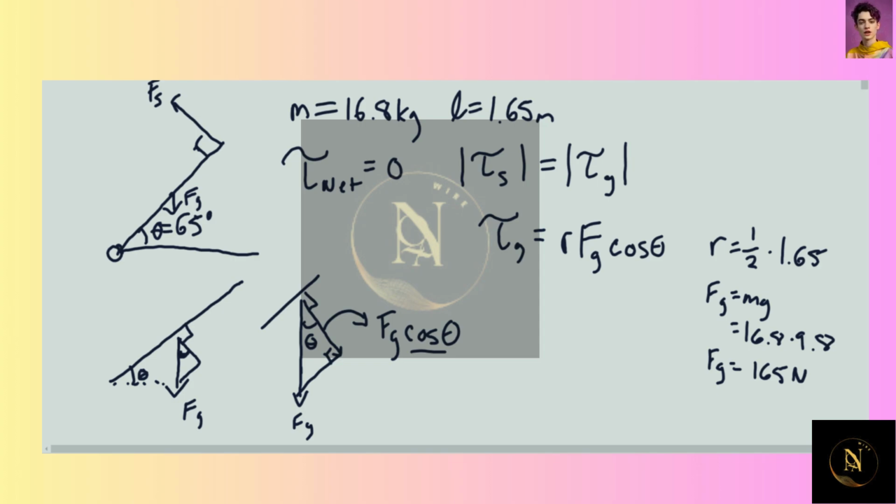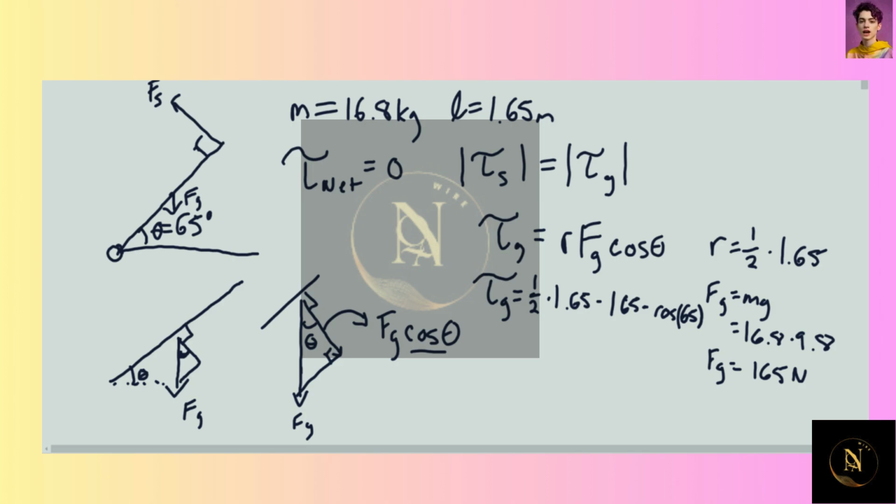So torque due to gravity is then equal to 1/2 times 1.65 times 165 times cosine 65. I'm pretty sure they intentionally made everything 65.